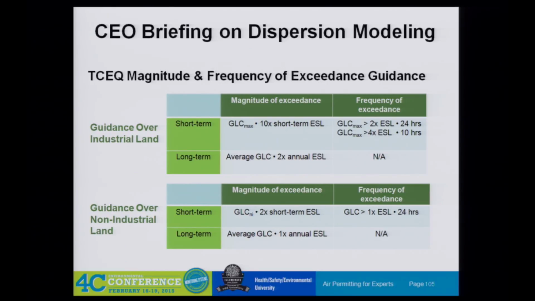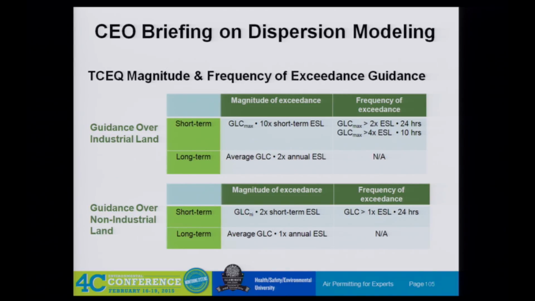And they would really like to see less than 24 hours of the year where it's greater than 2 times the ESL, and less than 10 hours during the year where it's greater than 4 times the ESL. So all this helps them to make a determination of whether these things are happening often, or whether they're kind of one-offs from bad met days.